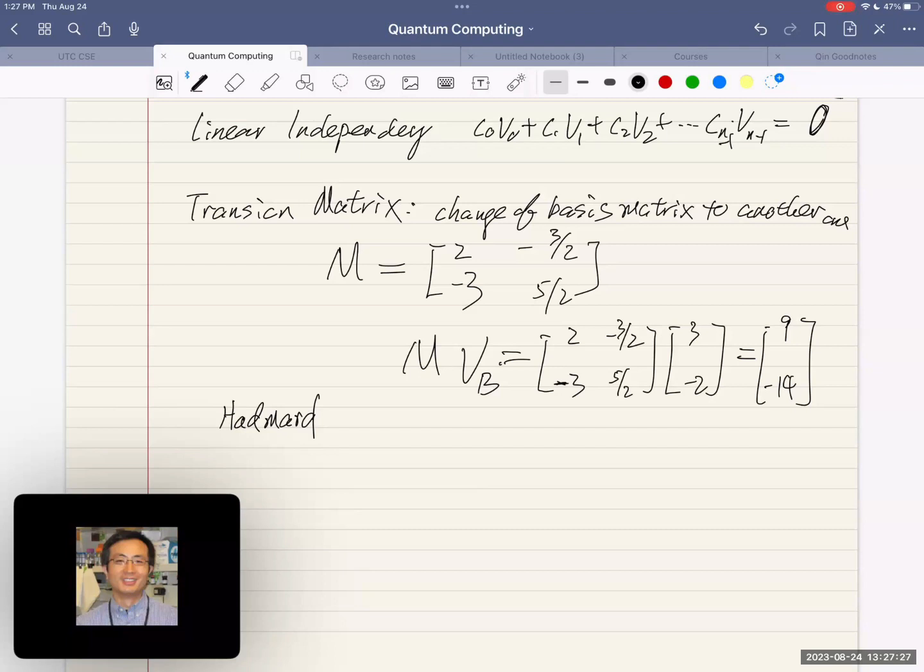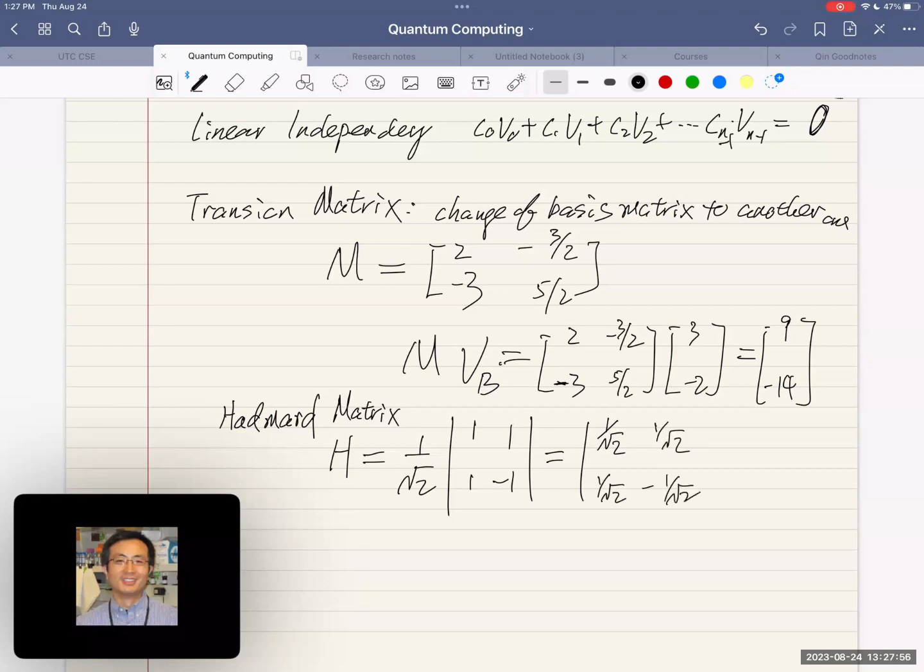So the Hadamard matrix H is this, which can also be written like this, and that's often implemented as a gate in quantum computing.